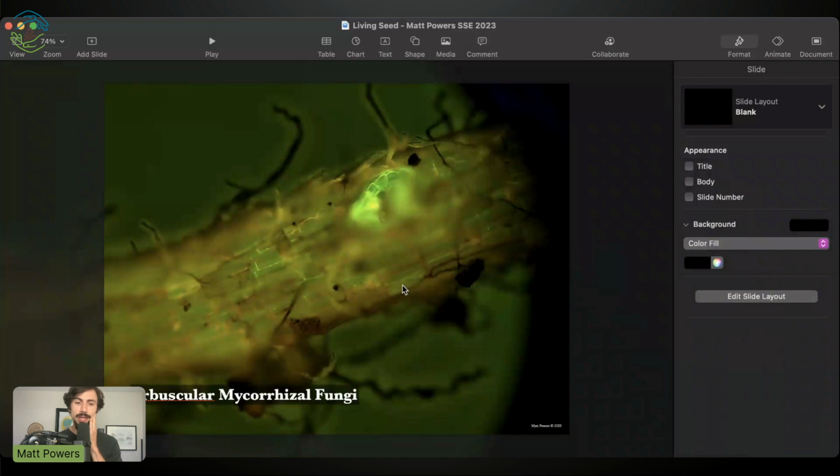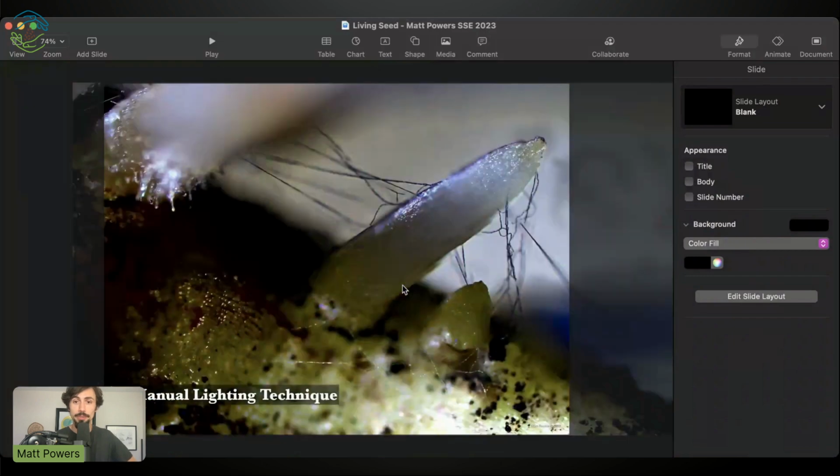They only have that image for a few seconds and then it's destroyed. So they're burnt nubs of a much more delicate and interesting process. And epifluorescence microscopy is showing it to us. And then the manual lighting technique as well. That's something I was able to pioneer.